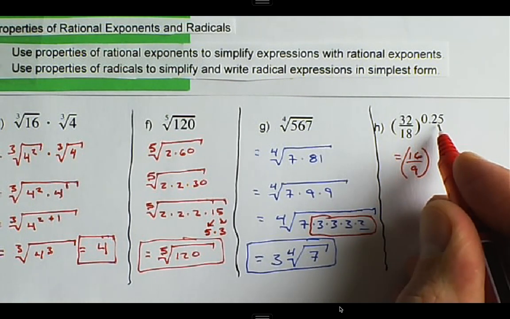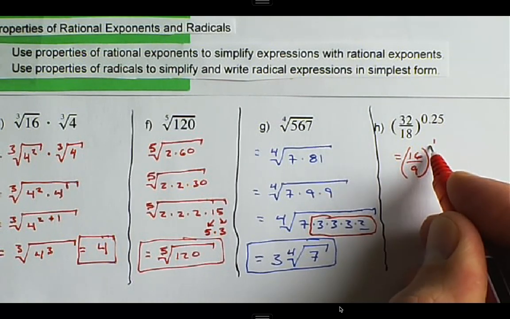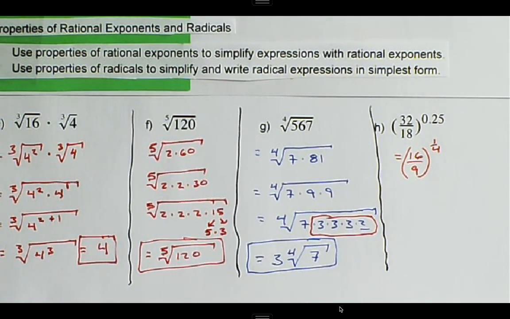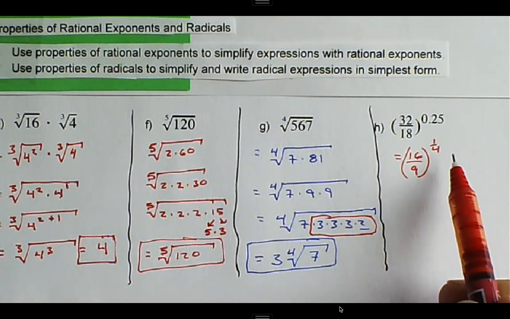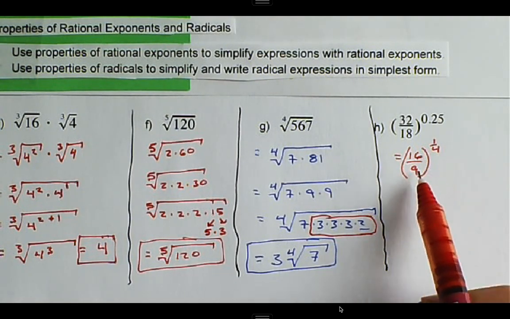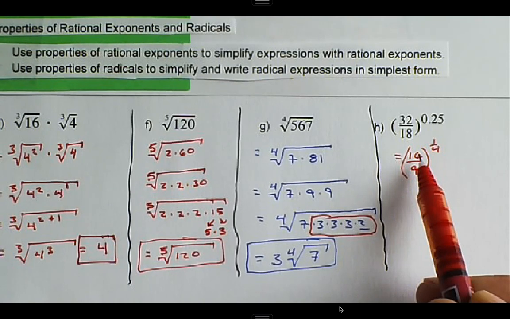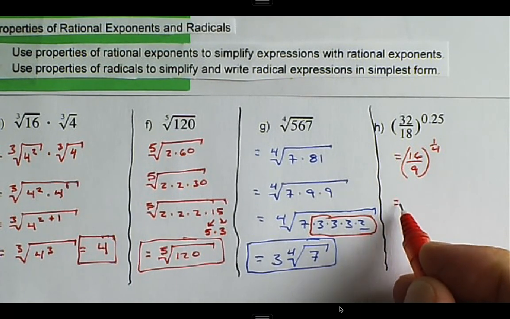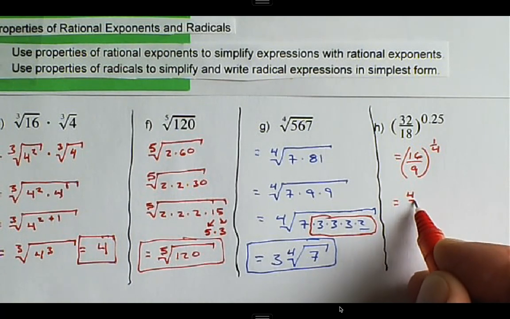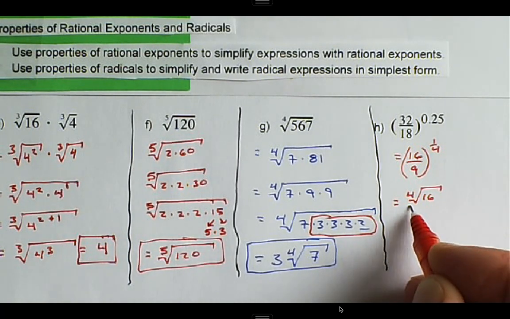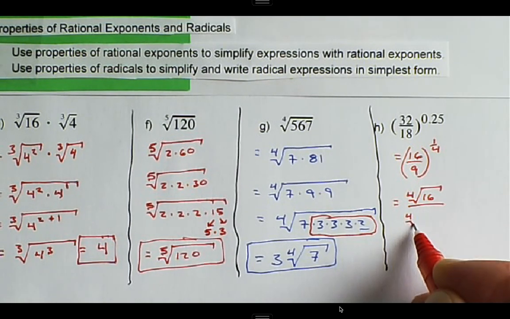And we can write this because we know that another way to write 0.25 is 1/4. So we just rewrote that and simplified it a little bit there. Now we can take the 1/4 and distribute it to the numerator and the denominator. And so we have the 4th root of 16 divided by the 4th root of 9.